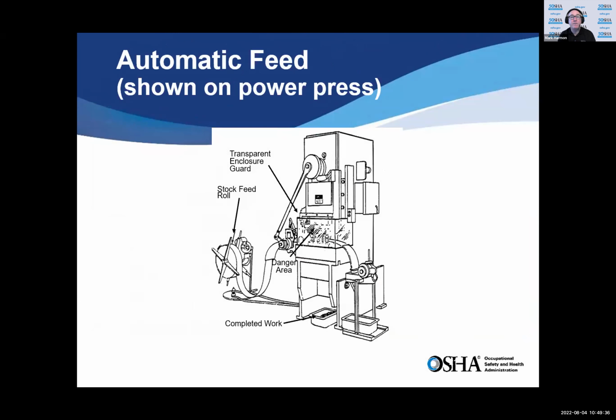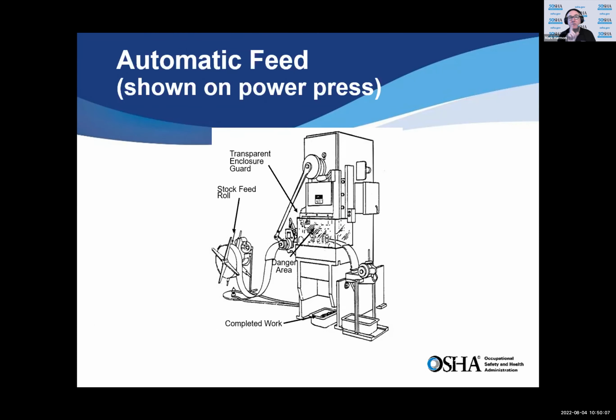Here's one for the feed. If you're feeding your machine, in this case, you have what appears to be some flat metal, and you're punching out parts. There are guarding requirements for this as well. The material, in this case, is coming off the roll, going through the machine.